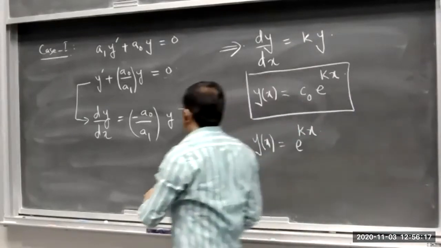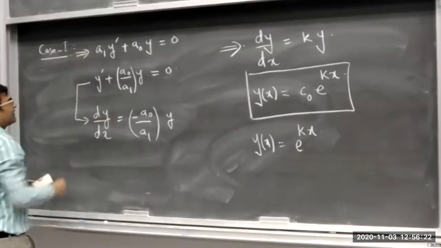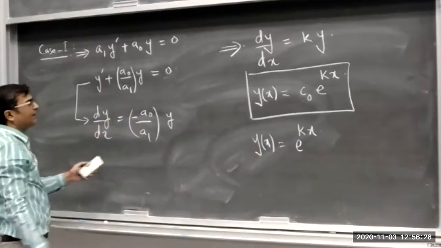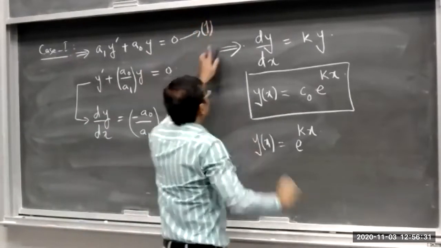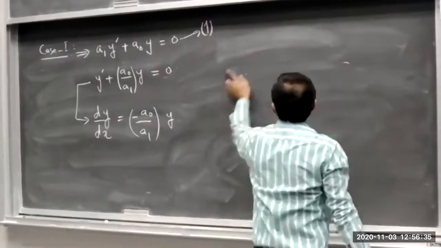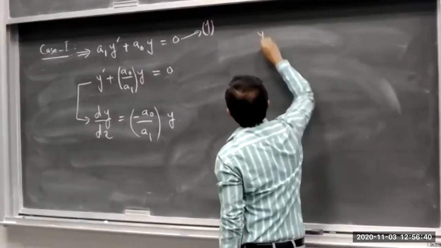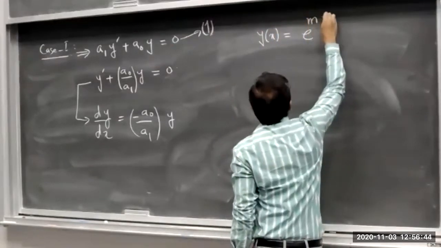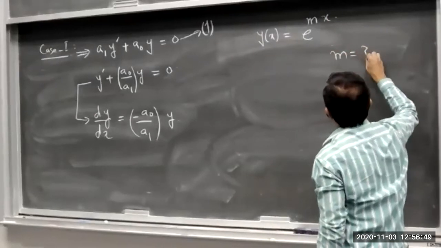If we assume that you have this equation, what form will its solution take? It will be of this form. We are assuming that if you have this equation, then the solution of this differential equation will be of this form: y of x is equal to e raised to the power mx, where we do not know the value of m.